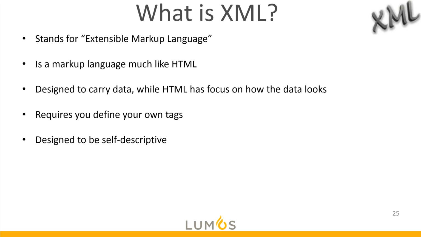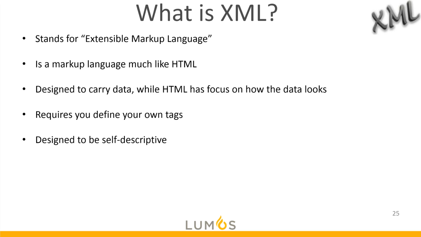So it's designed to carry data. Now, HTML or XHTML, things like this, they focus on how the data looks, right? But XML is just defined to carry the data back and forth. But the extensible part, the part that allows it to be used however you want, is that you define your own tags.